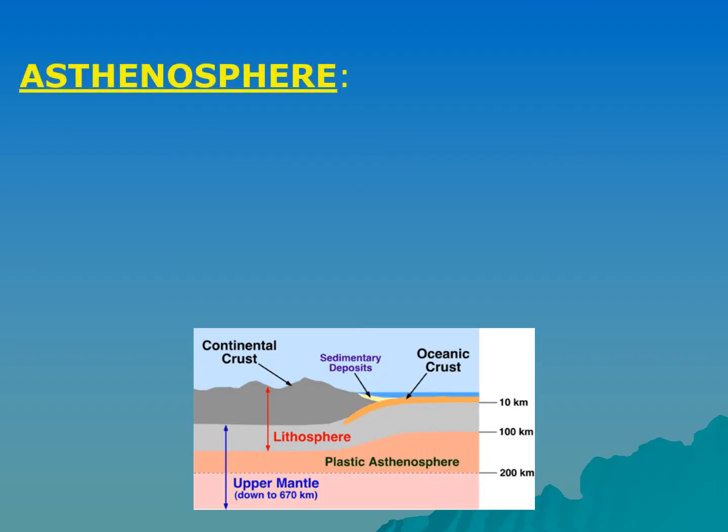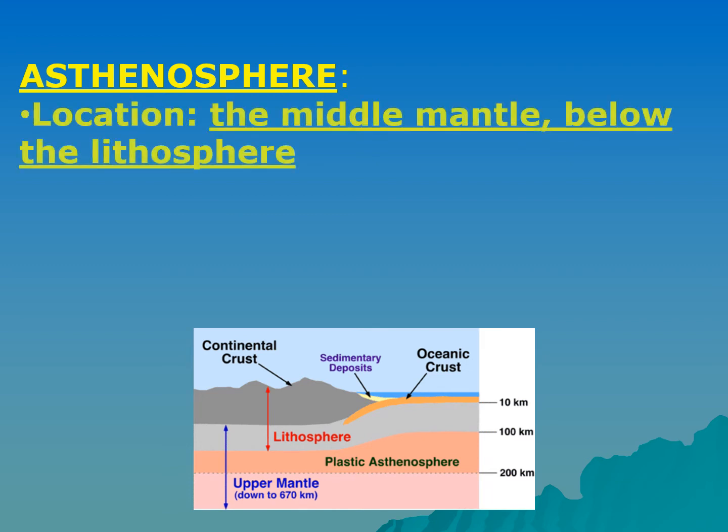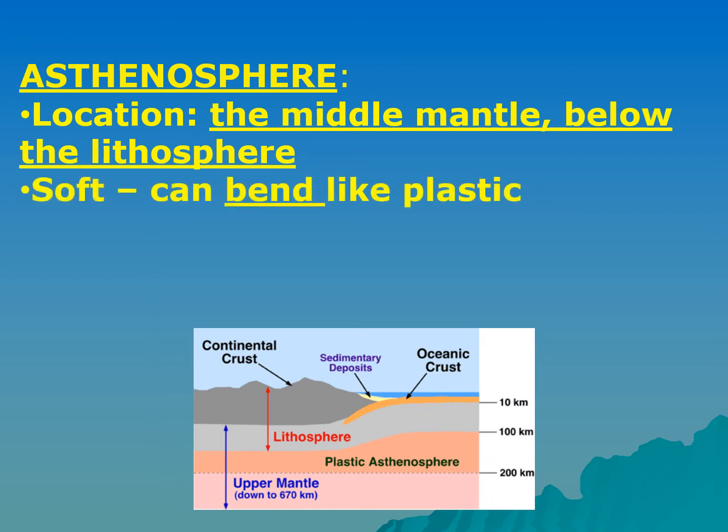Next, we come to the asthenosphere. It is in the middle mantle, right below the lithosphere. So again, we talked a little bit in the last slide about how the lithosphere floats on the asthenosphere. It's soft and it can bend like plastic. It's kind of like pudding or slime or putty.